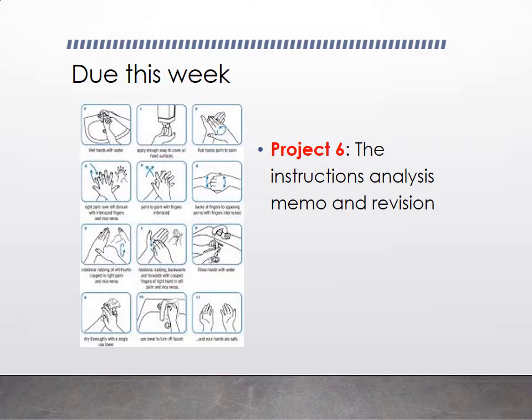And I'll mention that the instructions that students submitted were probably a little bit longer than the typical instructions I get for this assignment. So don't feel like yours have to be quite so long, but that's okay. And remember, if you have any questions about Project 6, please post them to the questions discussion forum in Blackboard Learn as early in the week as possible.